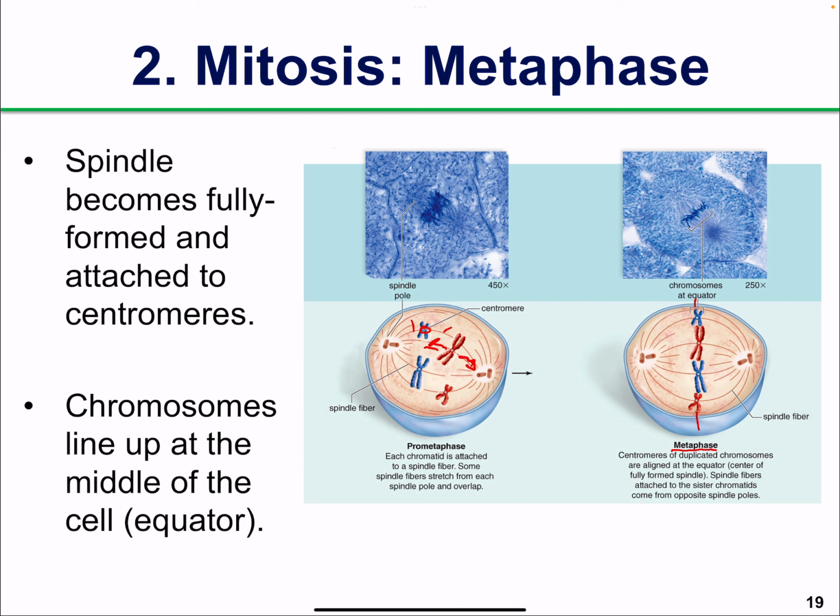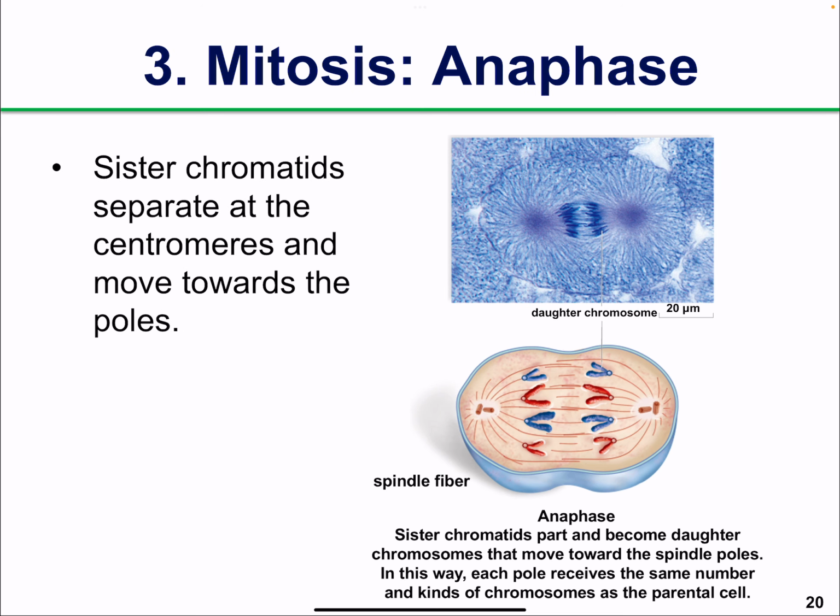And as they line up on the equator line, they keep pulling toward opposite direction. They pull so much that the 2 sister chromatids are going to part ways. All right? But before that, they are sitting on the equator line or meta, in the middle.